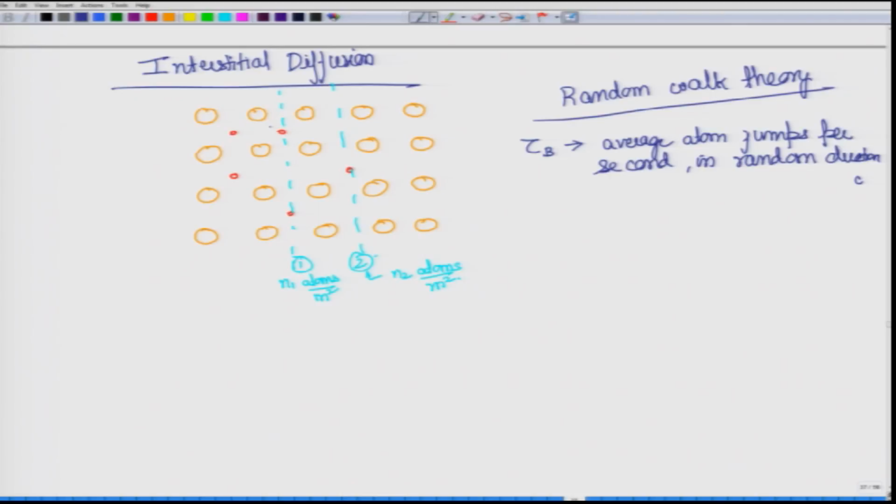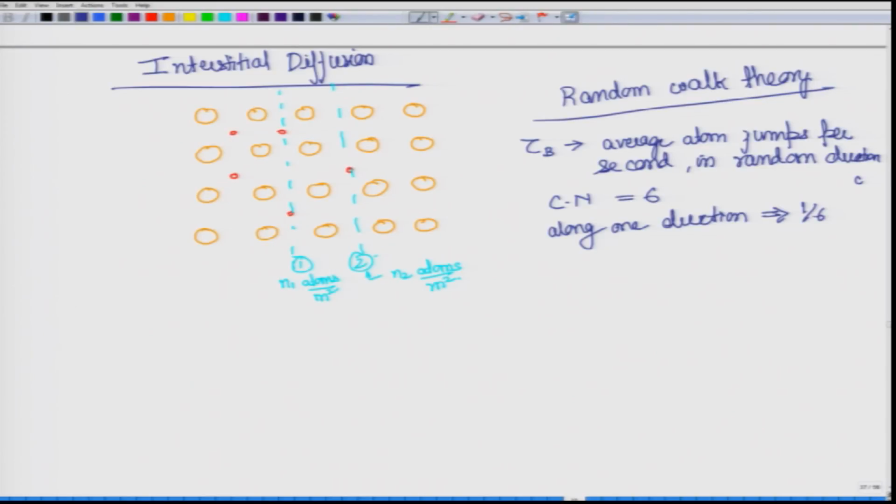These atoms have some coordination number, and in the configuration given here we can assume that this coordination number is equal to 6. Therefore, if we are talking about movement along only one particular direction, we are looking at 1 by 6th of this atomic jump.